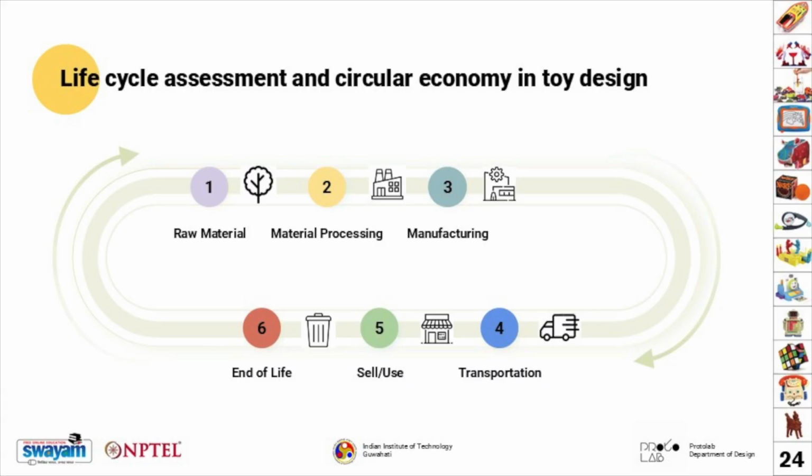And stage 6, end of life. This final stage includes disposal, recycling and reuse, or material recovery. Instead of following a traditional take, make, dispose model, sustainable design encourages circular strategies such as recycling and repurposing materials, which then feed back into the raw material stage.